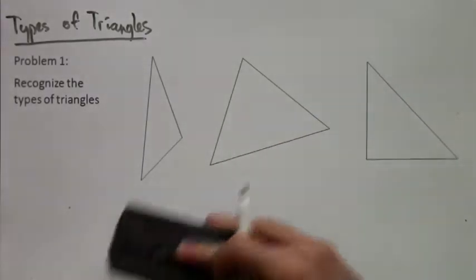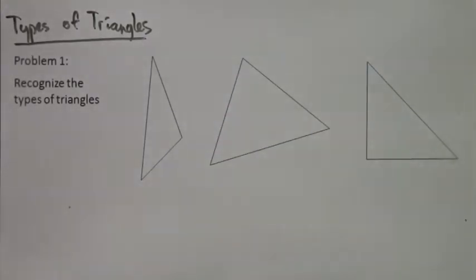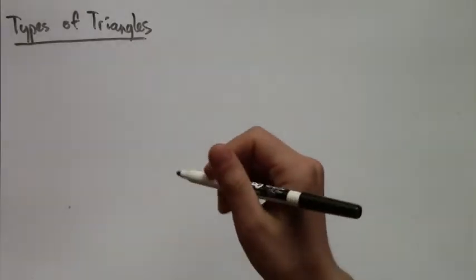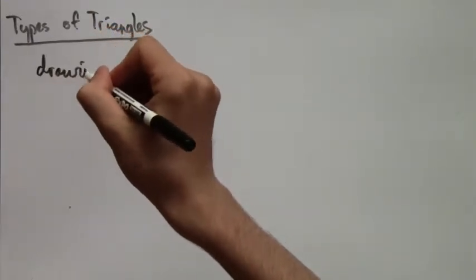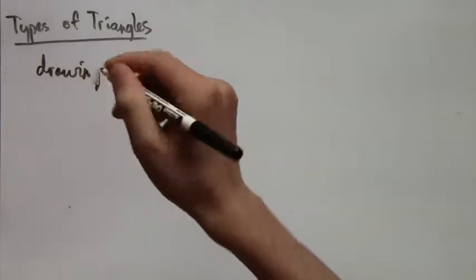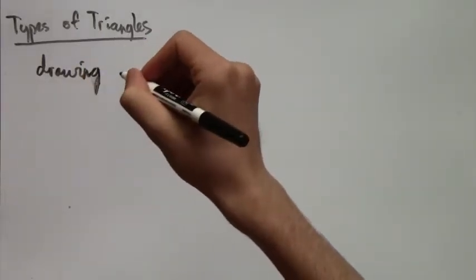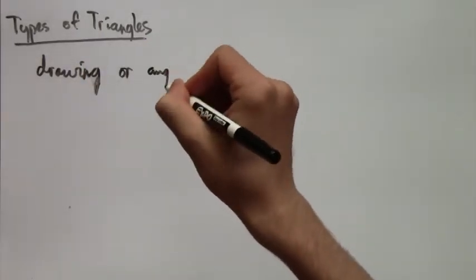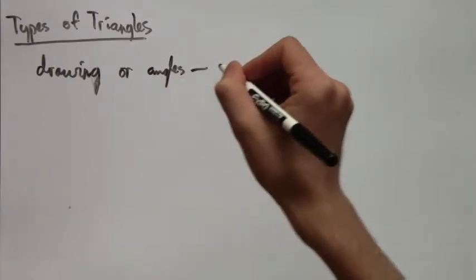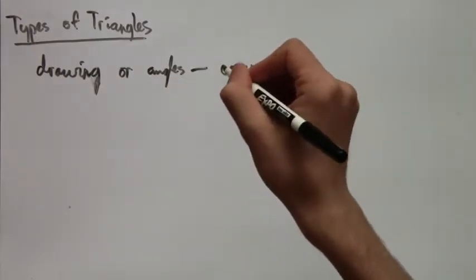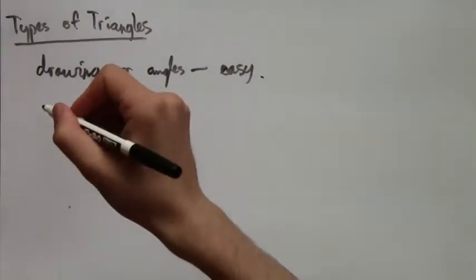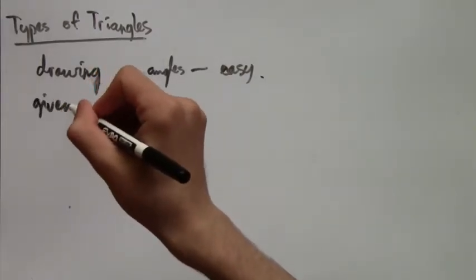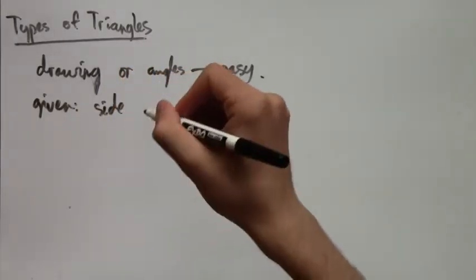Alright, well, that was easy, but you're not always so lucky to have a drawing. So what happens if you don't have a drawing and you can't see the angle? If you're just told the angles, or you have a drawing to look at, you can just tell some angles are small, some angles are large, some are acute, some are obtuse, and everything is simple.